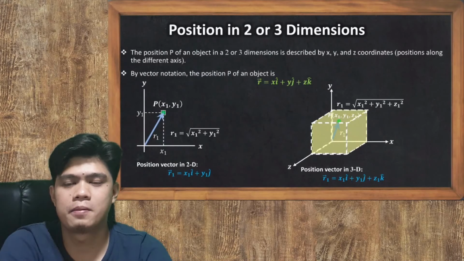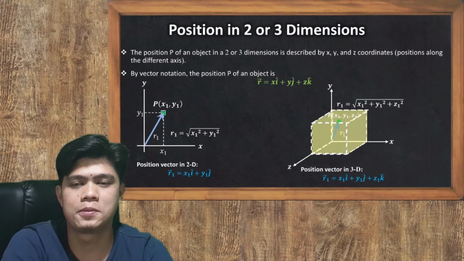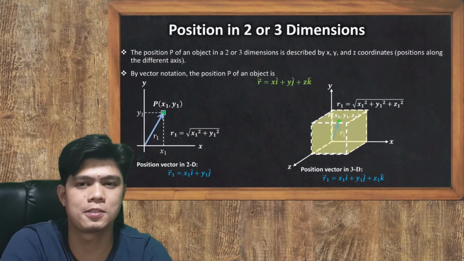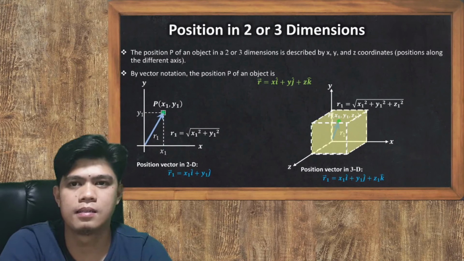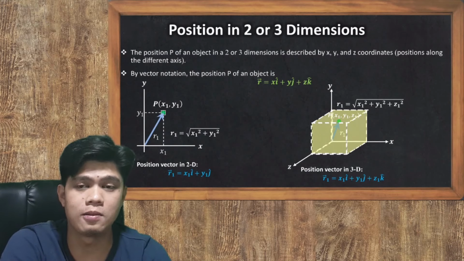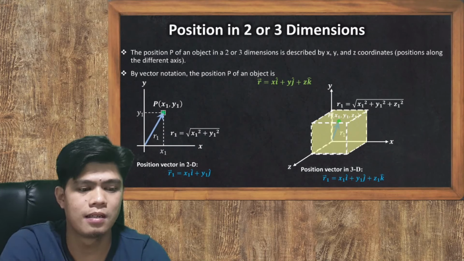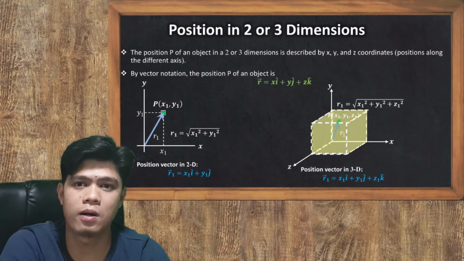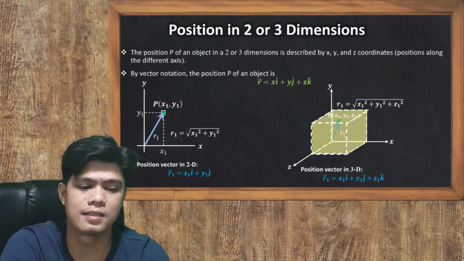Now let's go to our main topic, the position in 2 or 3 dimensions. In rectilinear motion, the position is represented by x naught and x final. The difference in 2 or 3 dimensions is that the position P of an object in 2 or 3 dimensions is described by x, y, and z coordinates.